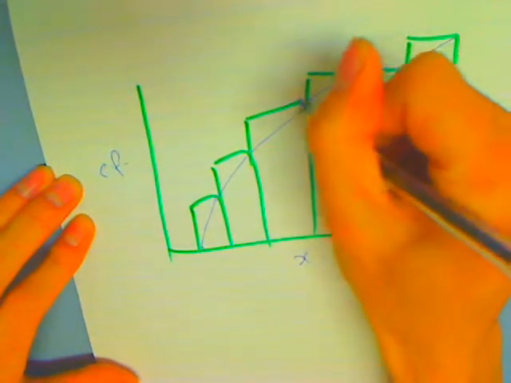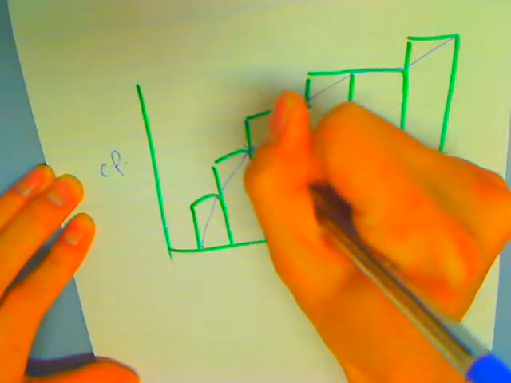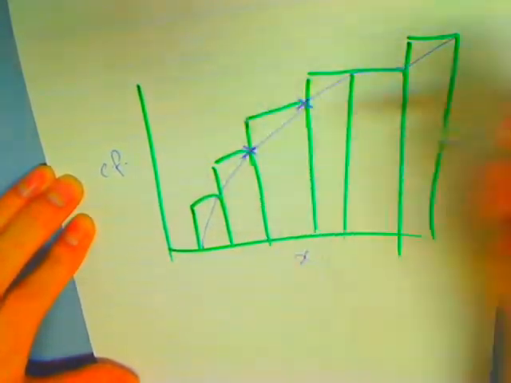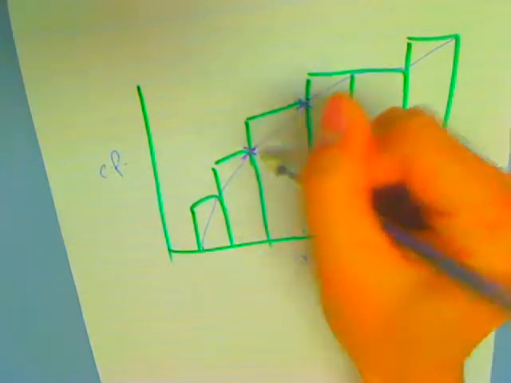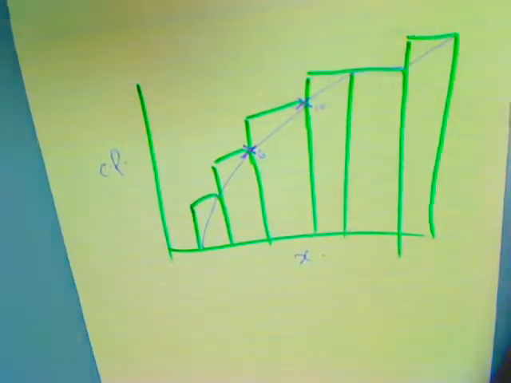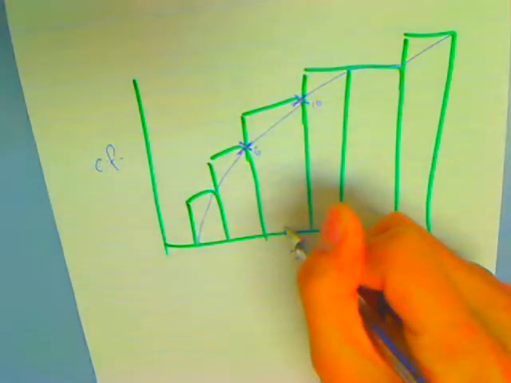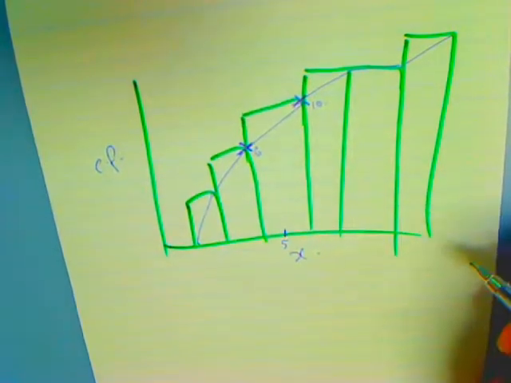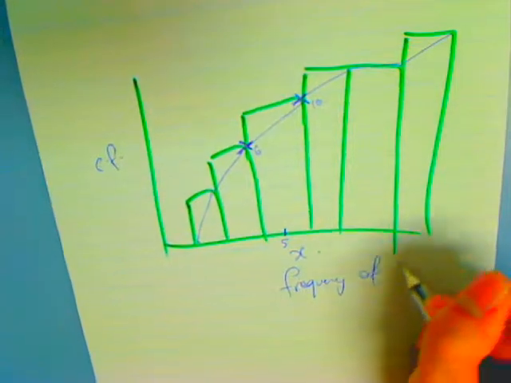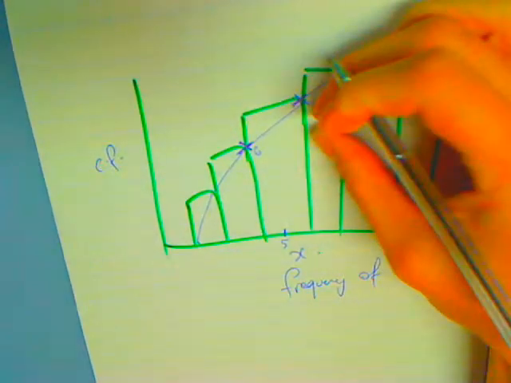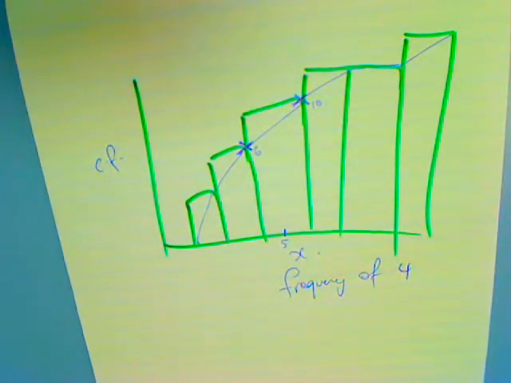The biggest jump will tell you that it has the most amount of scores, the highest frequency in that score. So it may be a jump from, let's say, 6 to 10. That means you know that at score 5, there was a frequency of 4. If that's the biggest jump, then you know that's going to be the mode.